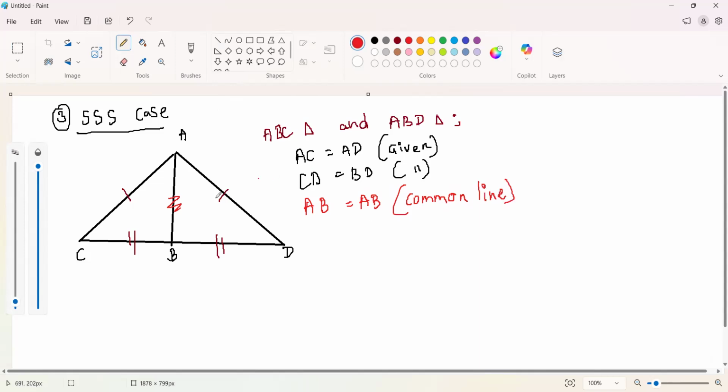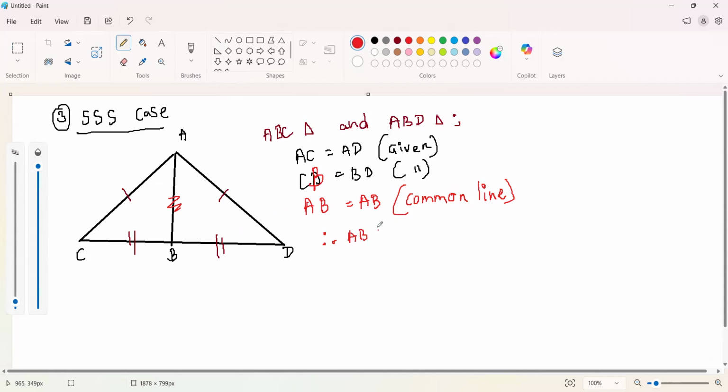So AC equals AD, CB equals BD, and AB equals AB on both sides. So you can write what?